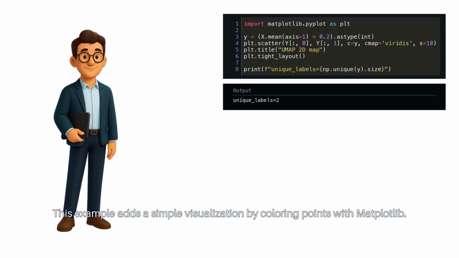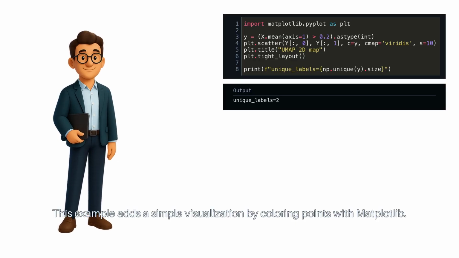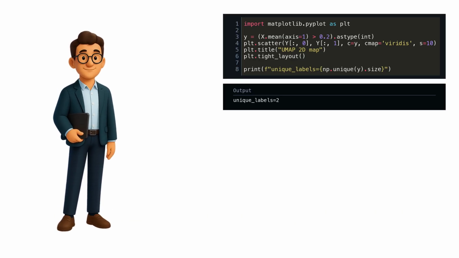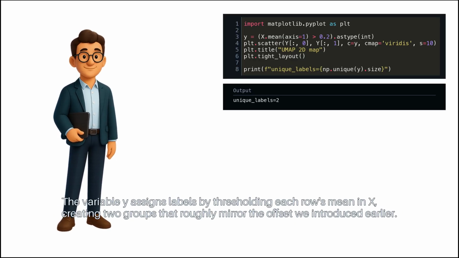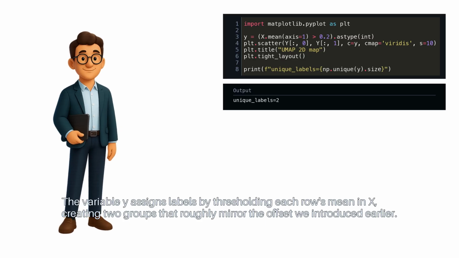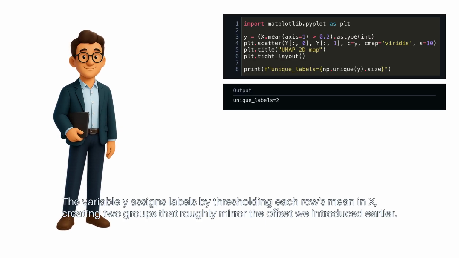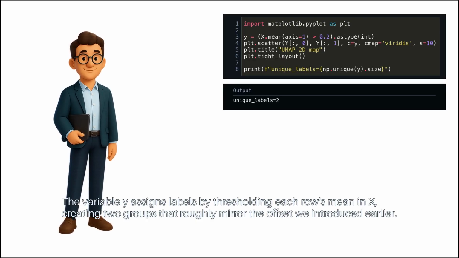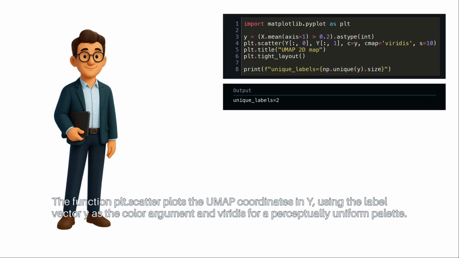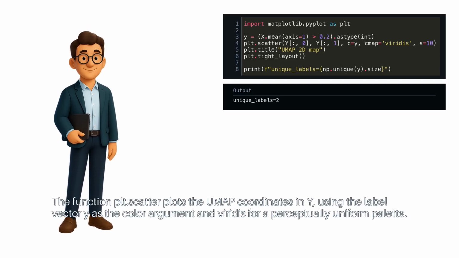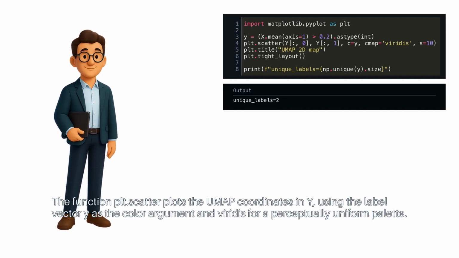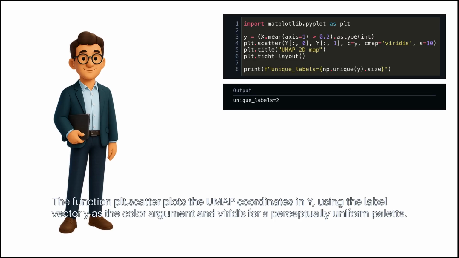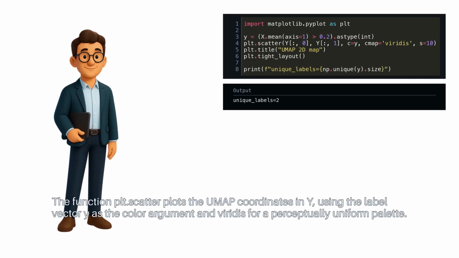This example adds a simple visualization by coloring points with Matplotlib. The variable y assigns labels by thresholding each row's mean in X, creating two groups that roughly mirror the offset we introduced earlier. The function plt.scatter plots the UMAP coordinates in Y, using the label vector y as the color argument, and viridis for a perceptually uniform palette.